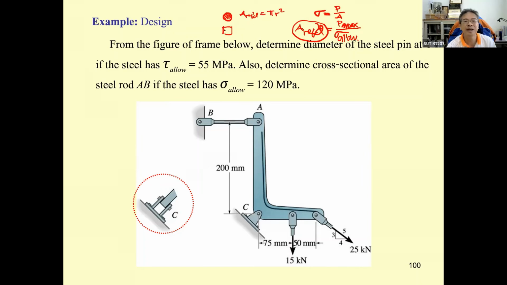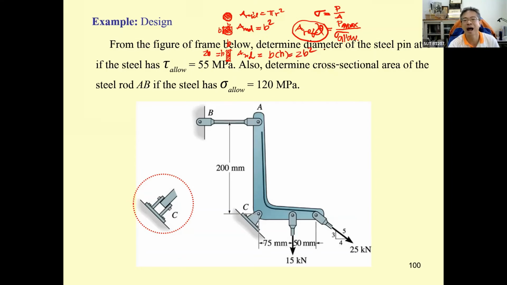If it is going to be square like this, and this one is B, the A required will be B squared. If the member has a rectangular section, with this B and this H, the A required may be B times H, and usually they say H equals 2B, so this will be 2B squared.